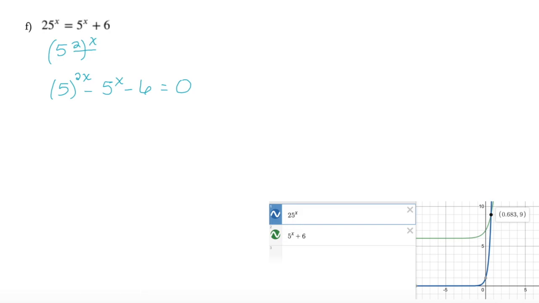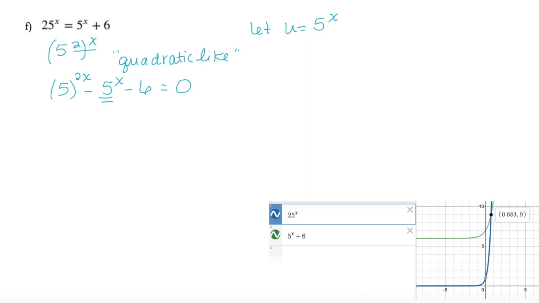Notice then that this is quadratic-like. Meaning that I've got power of 2, power of 1, and then no power. So it really is a quadratic in disguise. Let's let u equal 5 to the power of x, the middle term.